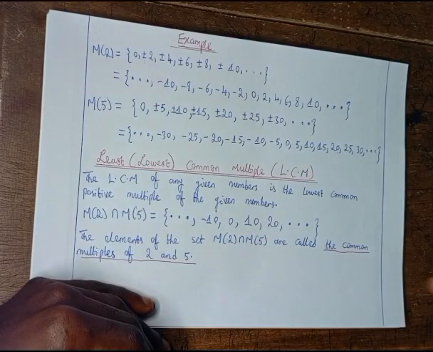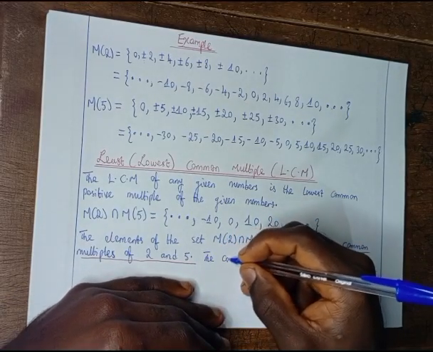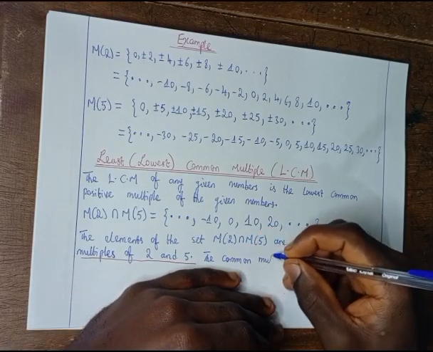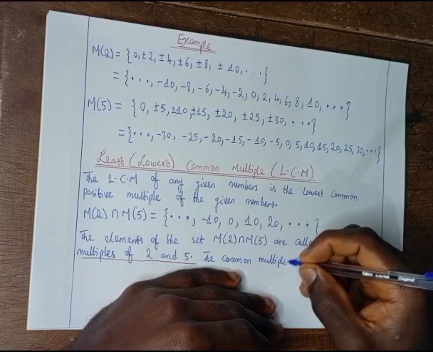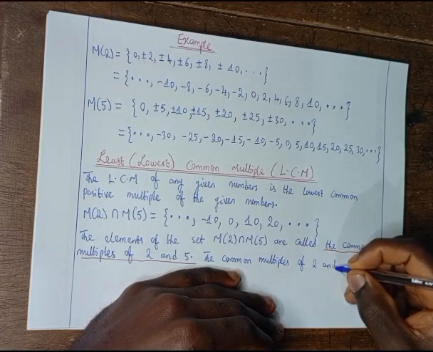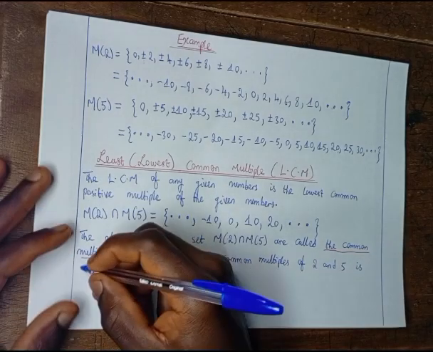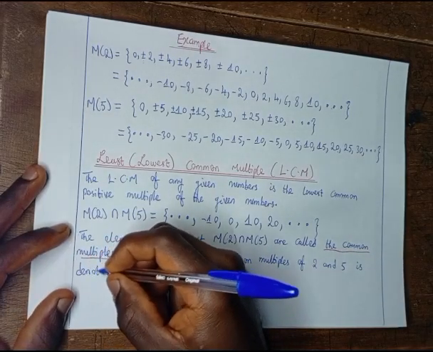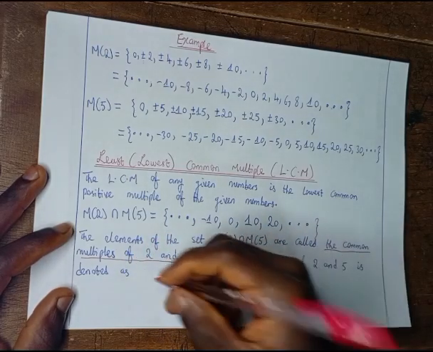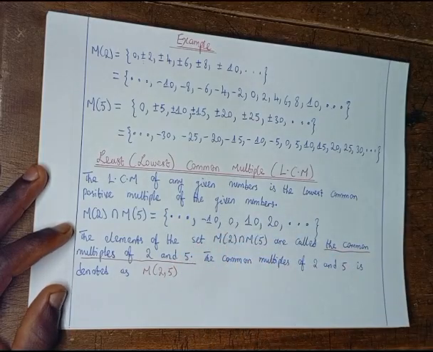The common multiples of 2 and 5 is denoted as, I'll write this down with a red pen, M of 2, 5 as such.